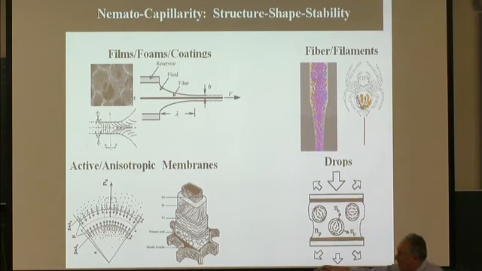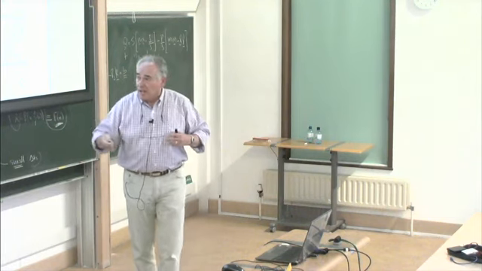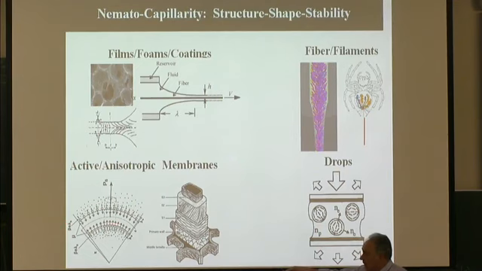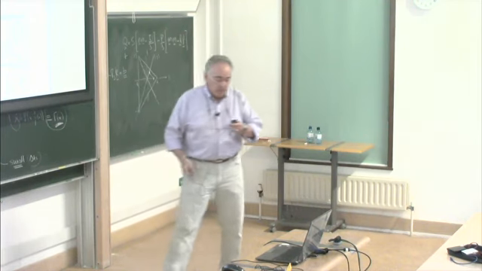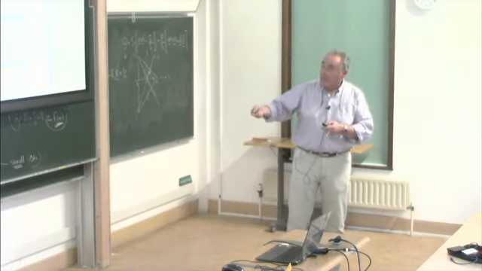So you have a flexoelectric membrane which is moving. This is a nanoscale bending, and it is pushing viscoelastic fluids in the surrounding media. So that's another example.